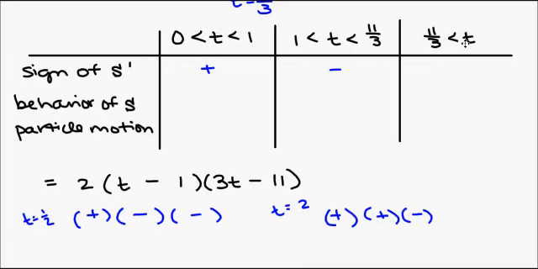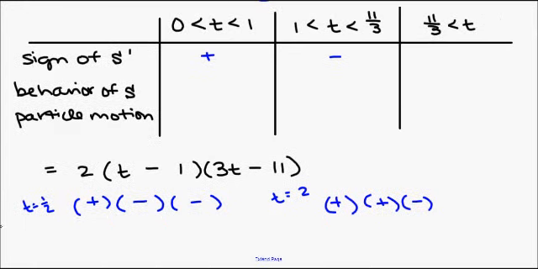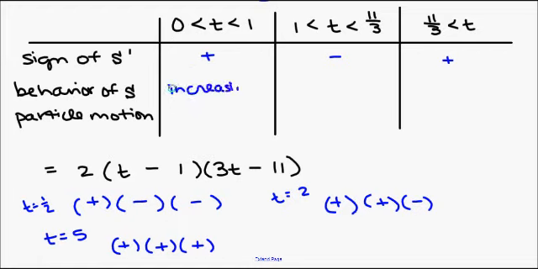And if I plugged in a 5 here, so t equals 5, I'm going to have a positive for the 2. 5 minus 1 is a positive, and 15 minus 11 is positive, so this will be a positive. So that means that s is increasing, decreasing, increasing.